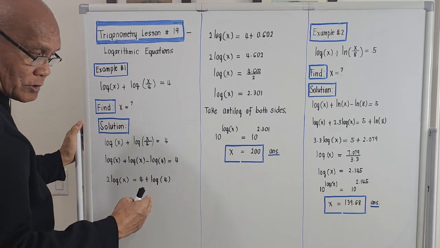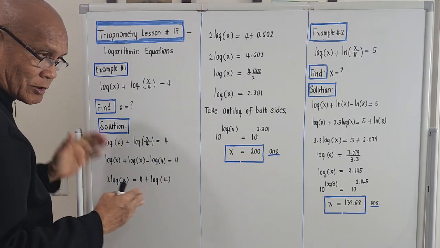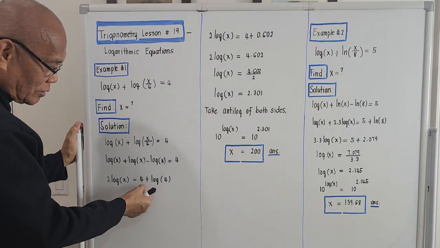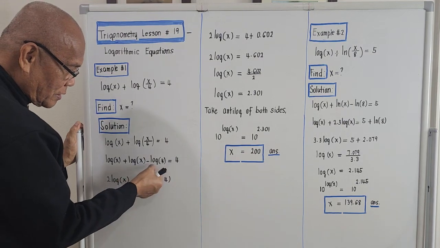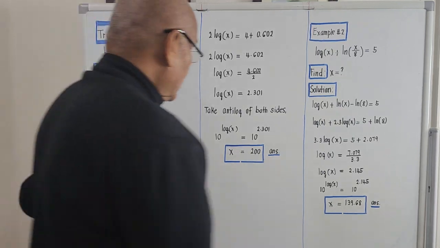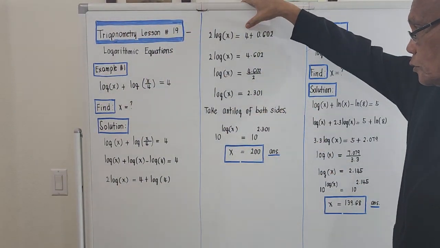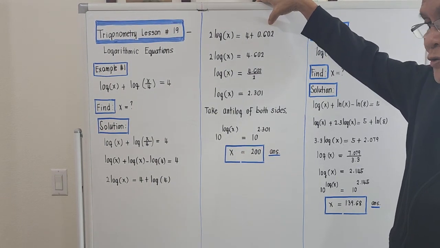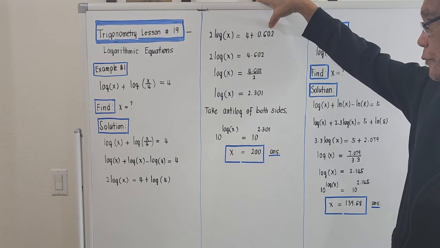We transpose the constant term on the left going to the right, so we could isolate the x from the pure constants. So this should now be equal to 4 plus the logarithm of 4, after the transposition. So twice the logarithm of x should be equal to 4 plus the logarithm of 4 with the base of 10. By using our calculator, it will be 0.602.